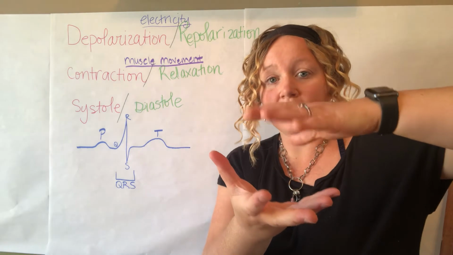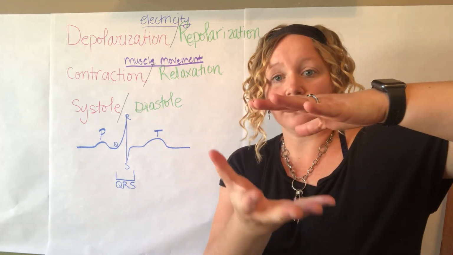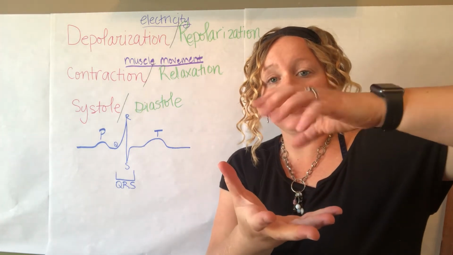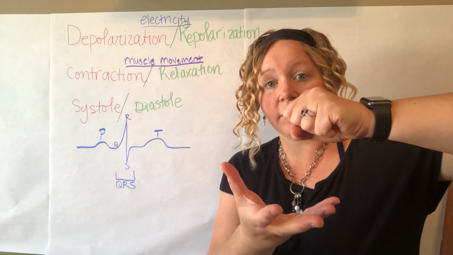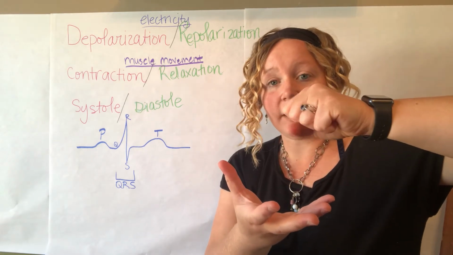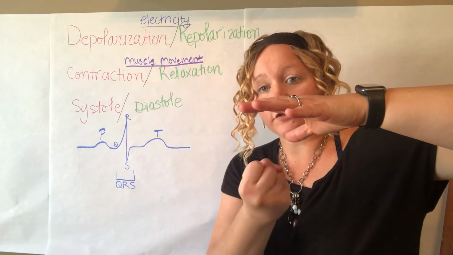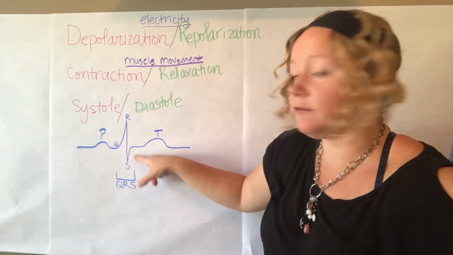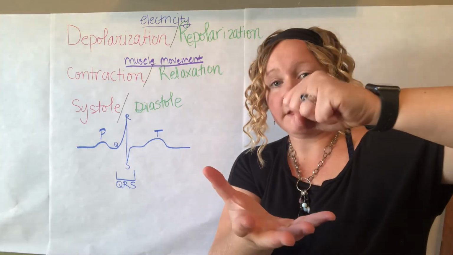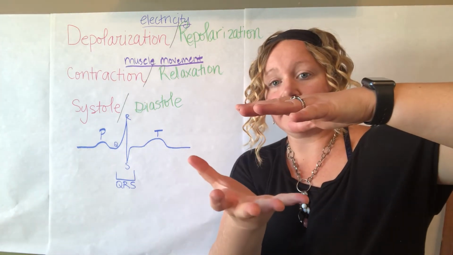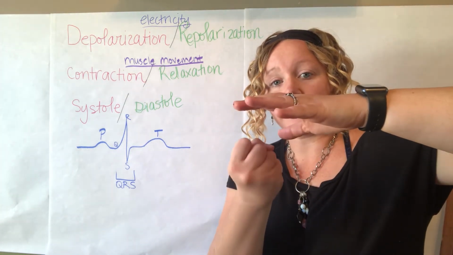Right? The atrium contract, then the ventricles contract, then the ventricles relax. So every time that this happens is a P wave, right? The atrium contract, you're going to see a P wave. Then when the ventricles contract, you're going to see the QRS. So P, QRS, T. P, QRS, T.